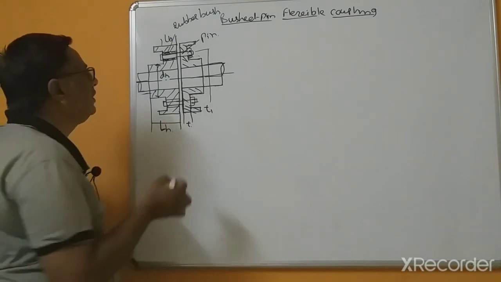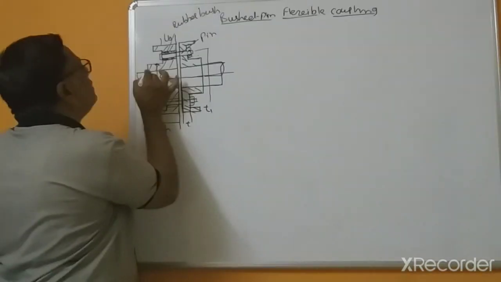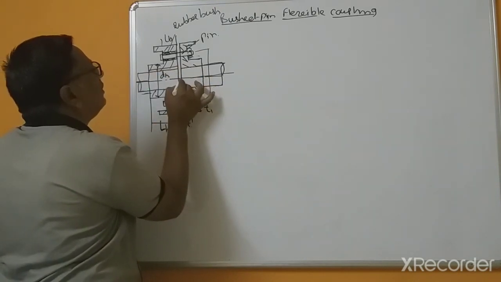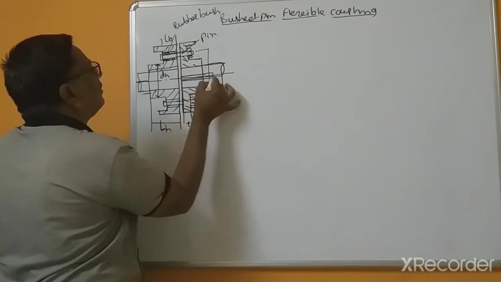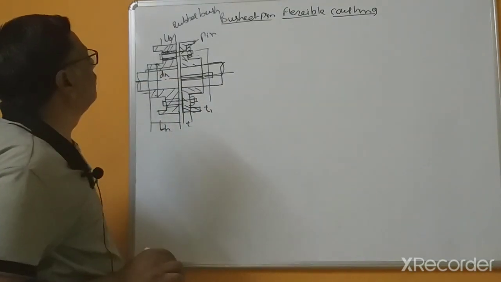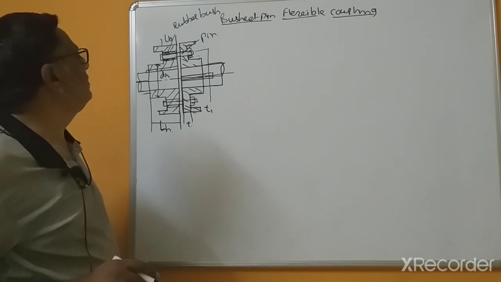This is the pin and this is the nut, right? Yes, and this is the key, and here also a key is required. So this is the pin bush flexible coupling.